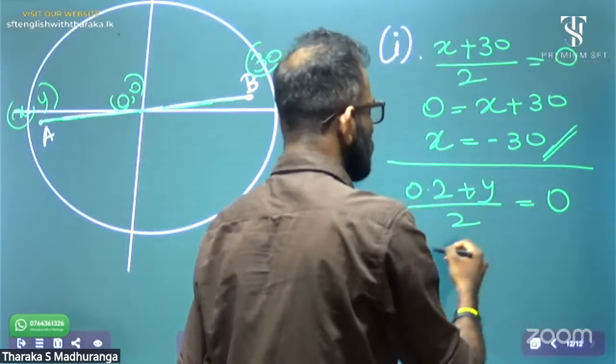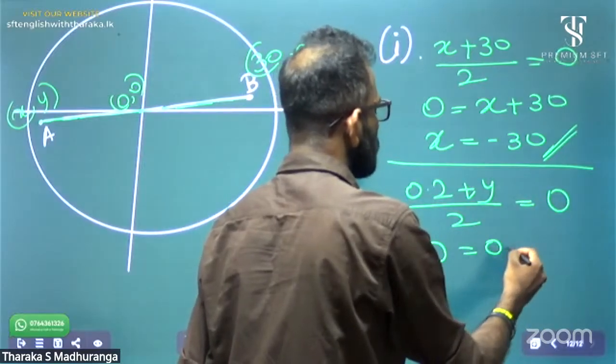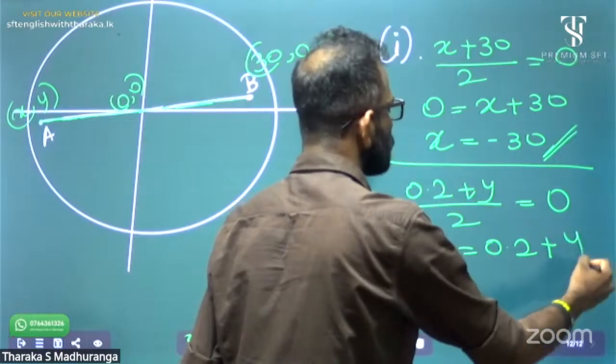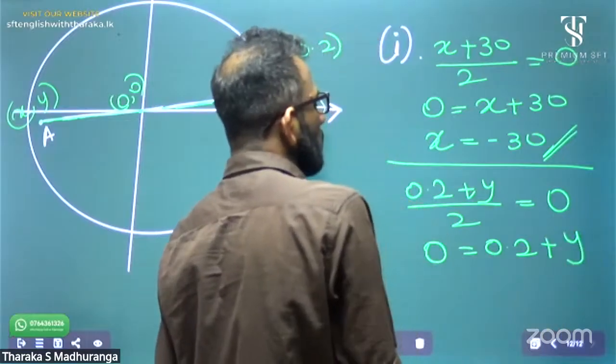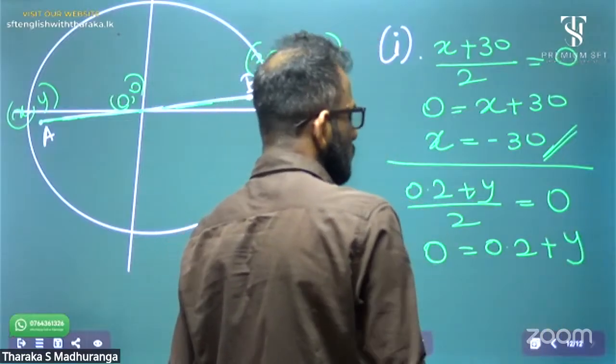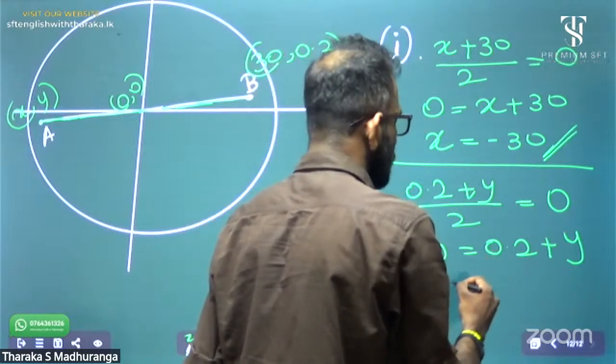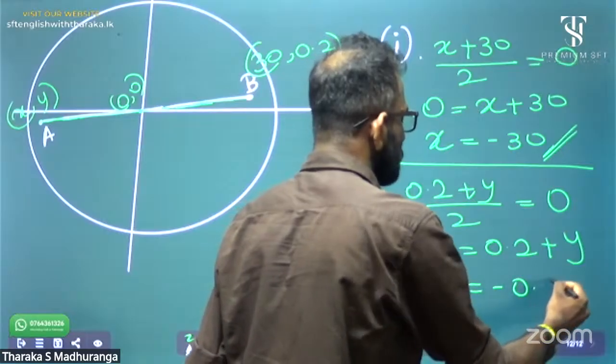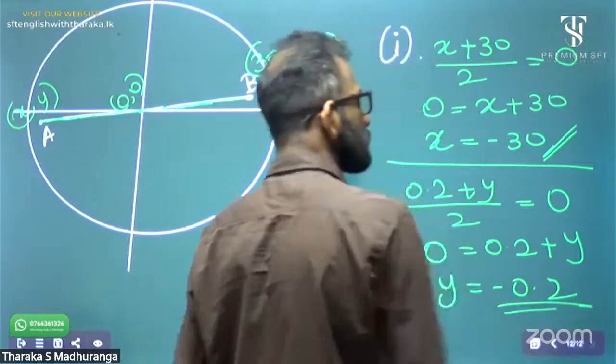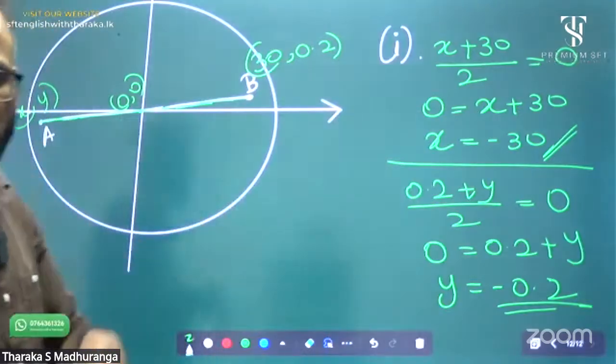Then cross multiplication gives 0 equals 0.2 plus y. So y equals minus 0.2. Correct?